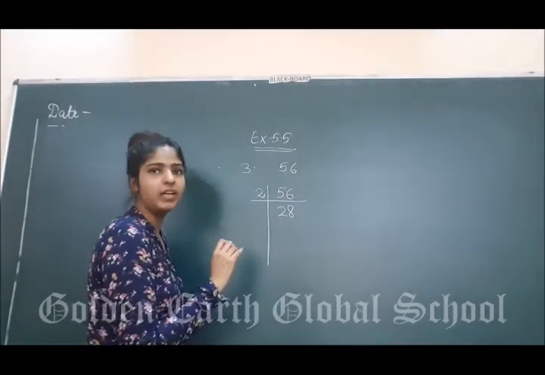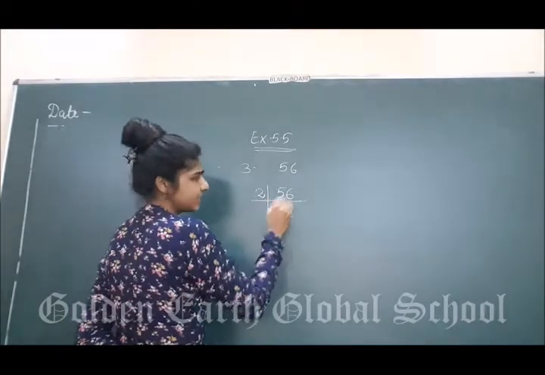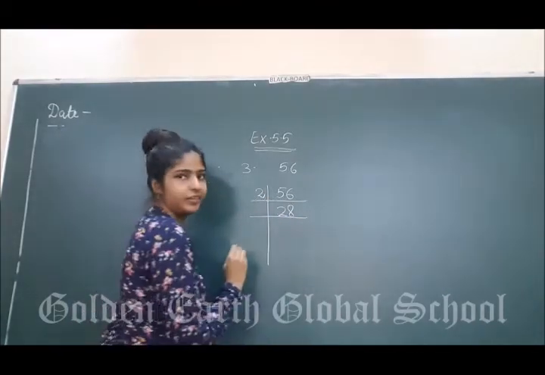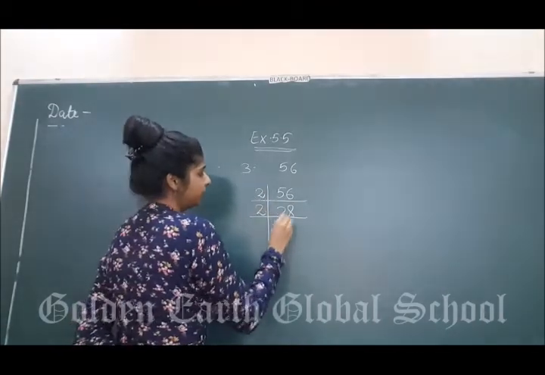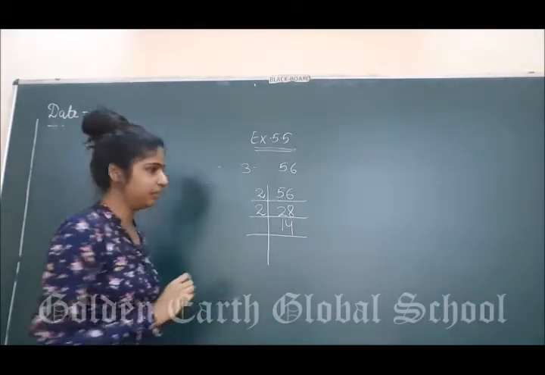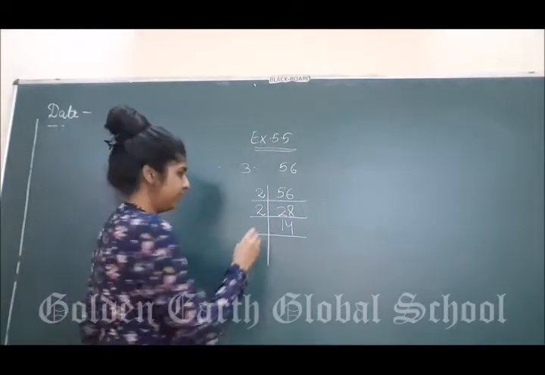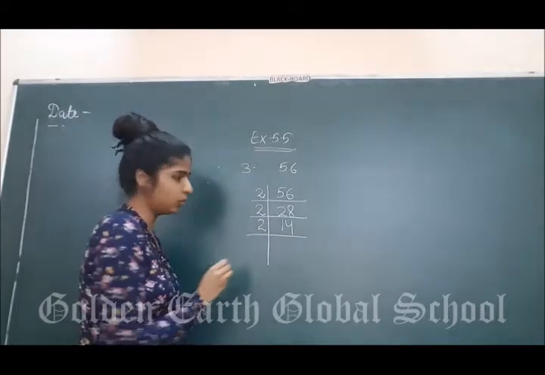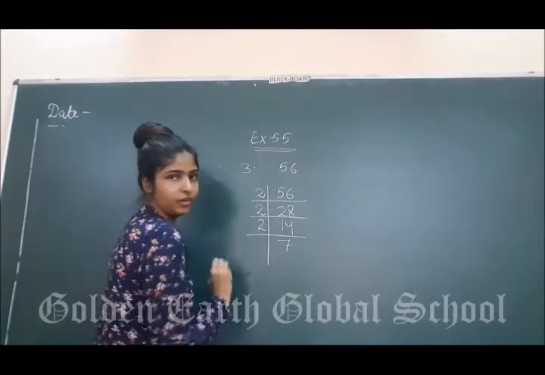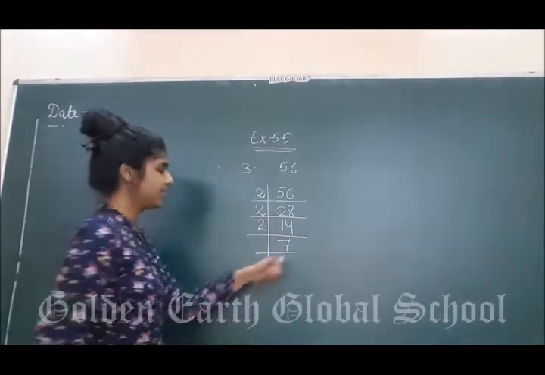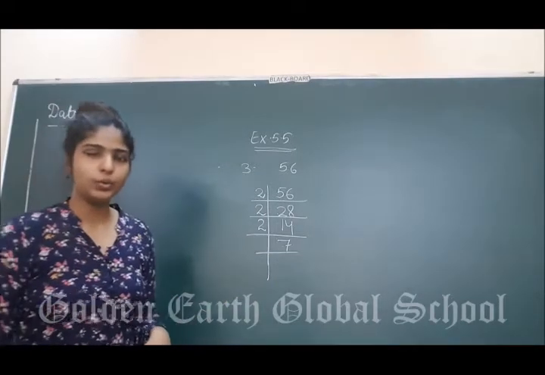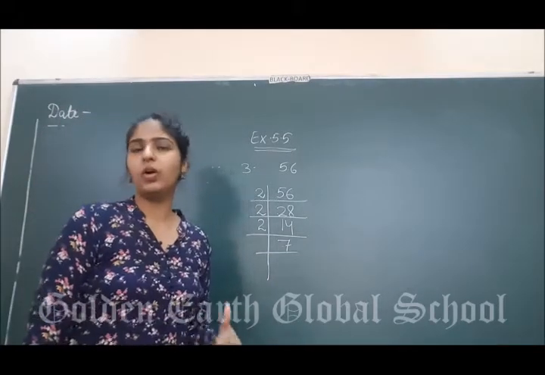You can also check by division method. 2 28s are 56. Again 28 is divisible on 2, 14, because 2 14s are 28. Again 14 is divisible on 2. 2 7s are 14. Now 7 is divisible on 2? No. On 3? No. On 5?